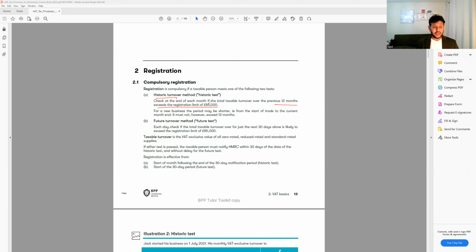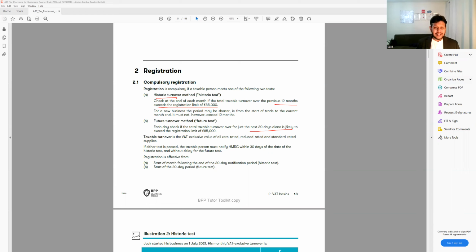So 85,000 is the threshold. For the last few years, the registration limit is still the same. It is 85. And the future test, the next 30 days, as we discussed: if I'm very sure it will exceed the 85,000 in the next 30 days, only at that time I have to register.